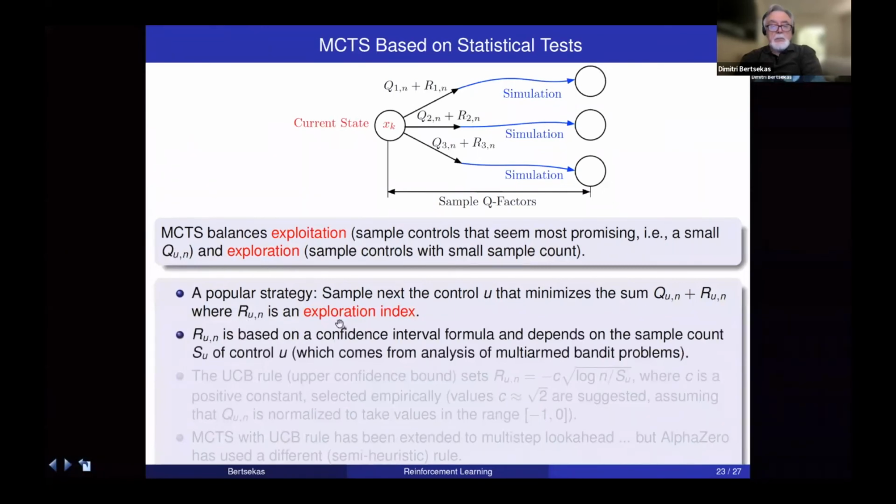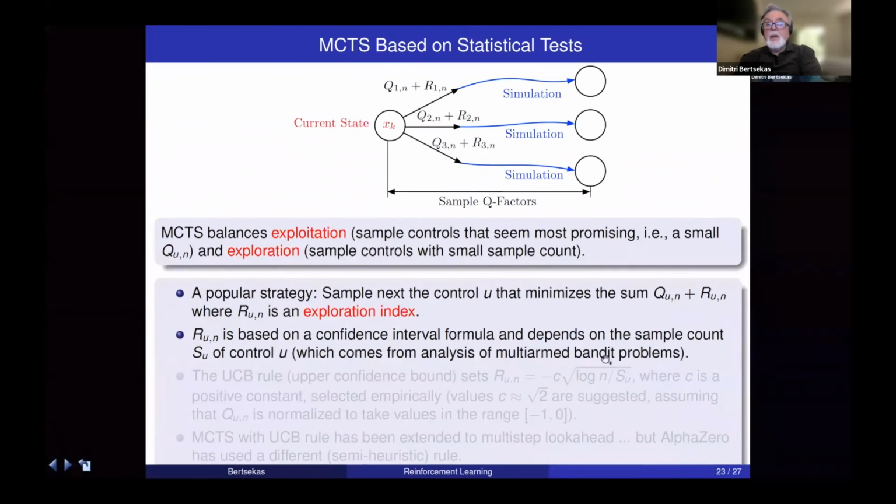And people have different formulas for this exploration index. The formula for the exploitation index is pretty clear. It's the running average of Q function samples. For the exploration index, a lot of people have different proposals, and there are statistical considerations, confidence interval type of tests. And it depends on the sample count of control U. An analysis that figures prominently in this area is the analysis of multi-arm bandit problems.